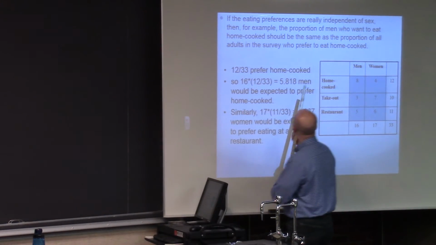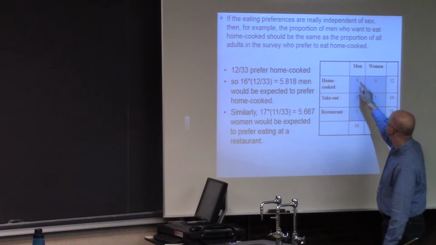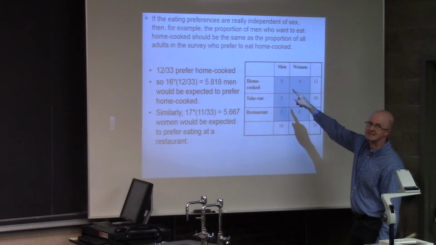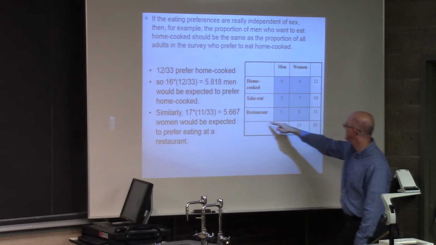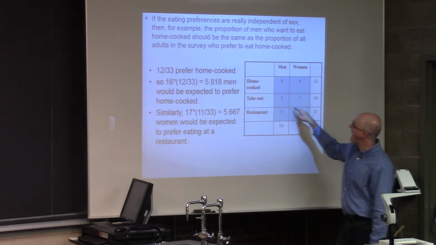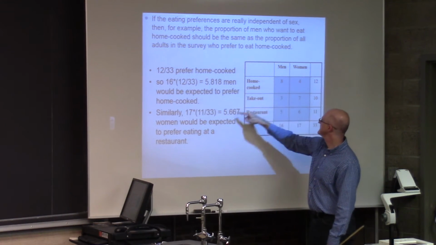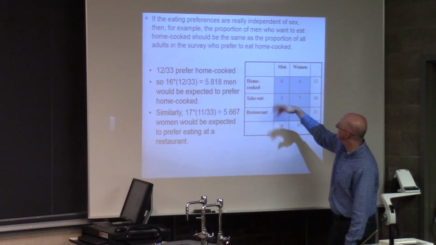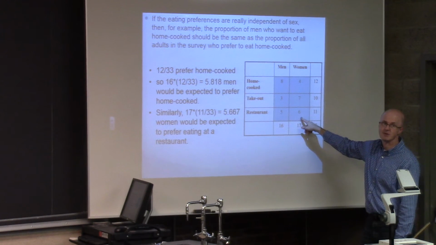Notice that for the men in the home cook, 5.818 is not super close to 8. It's not 7 or 9, for example. Whereas 5.667 is pretty close to 6. So the fact that this number is further away from that, whereas this number is closer to that, this number is going to provide more evidence against the null hypothesis than this number will, is what I'm trying to say.